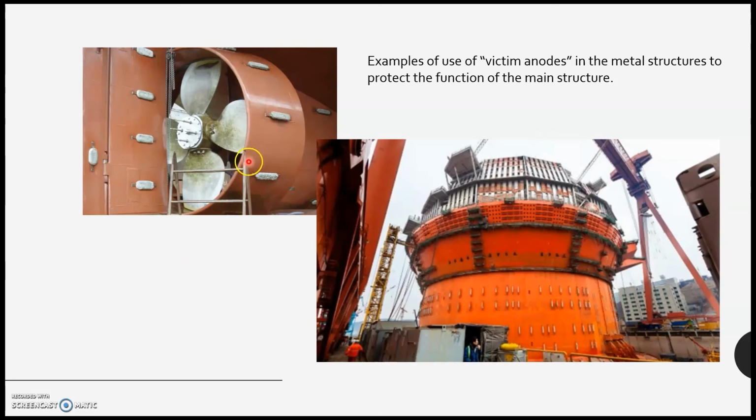Here's a large propeller of a ship. They have placed several victim anodes here to protect the main structure. And the same in this picture, many victim anodes. These victim anodes can be attacked by corrosion, but they will protect the main structure and prevent it from corrosion.